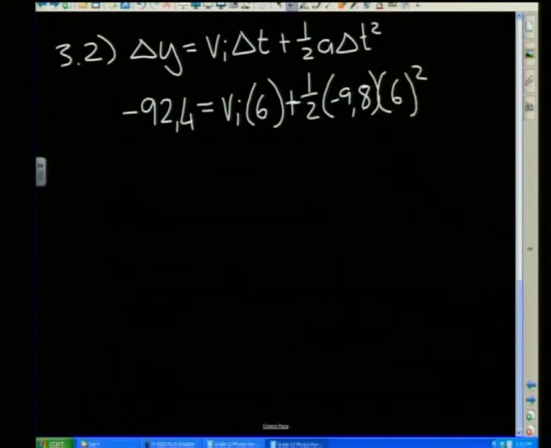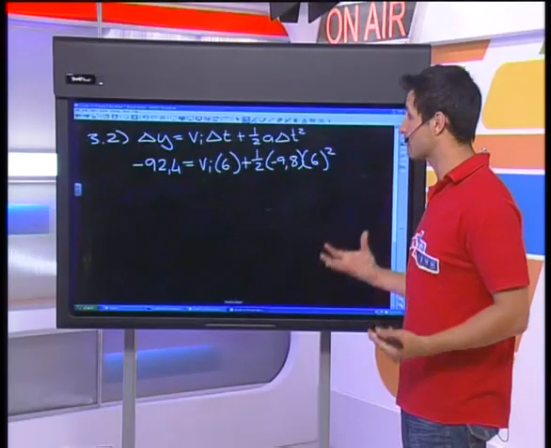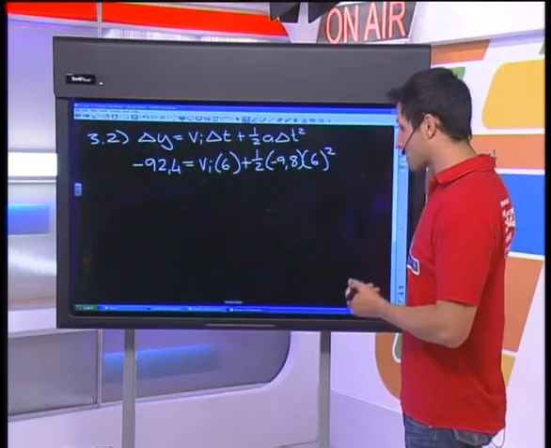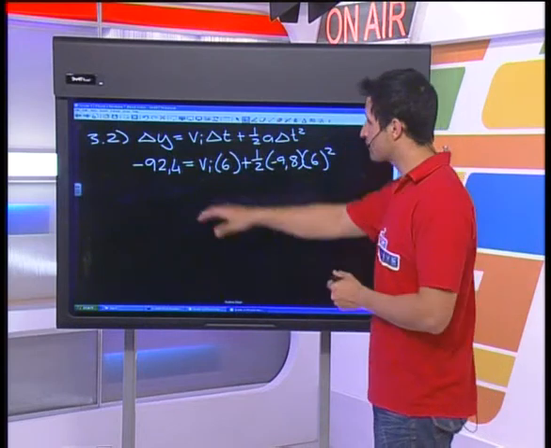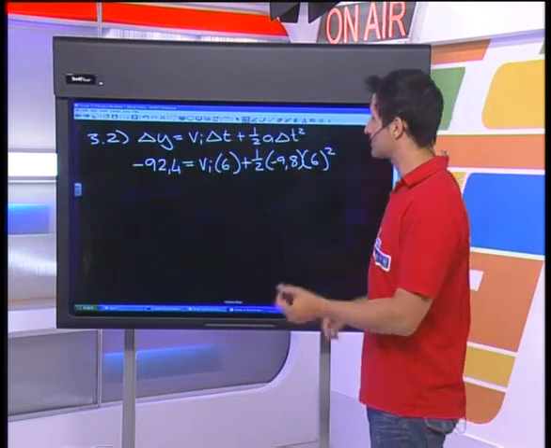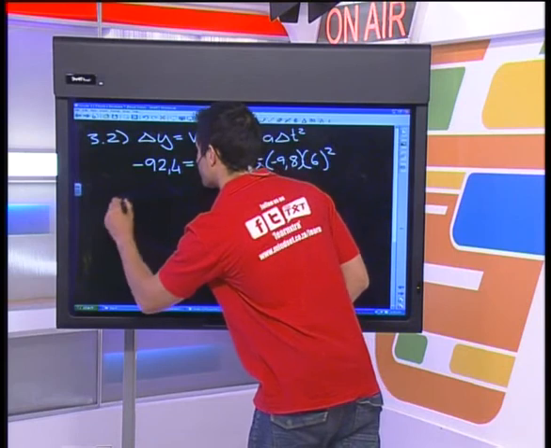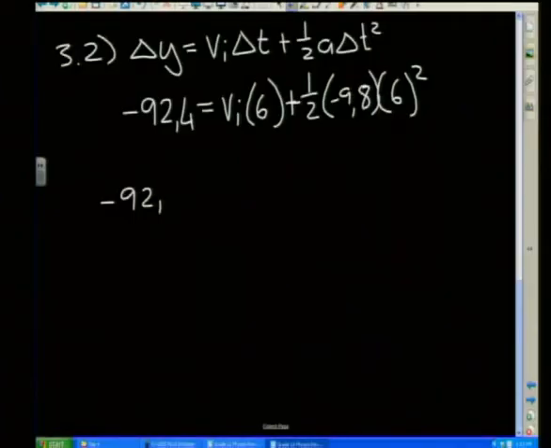Now I'm going to start to simplify and manipulate, and then I can find my VI. Let's get VI on its own. I've already got it over there, so I'm going to simplify the rest of this. I've got negative 92.4, and I'm going to bring across all of this.